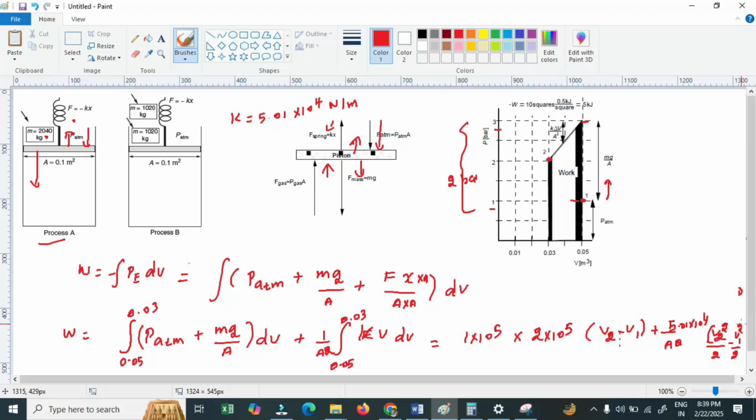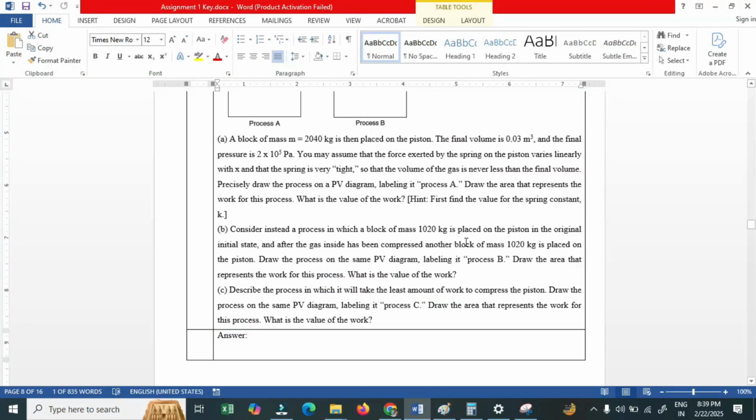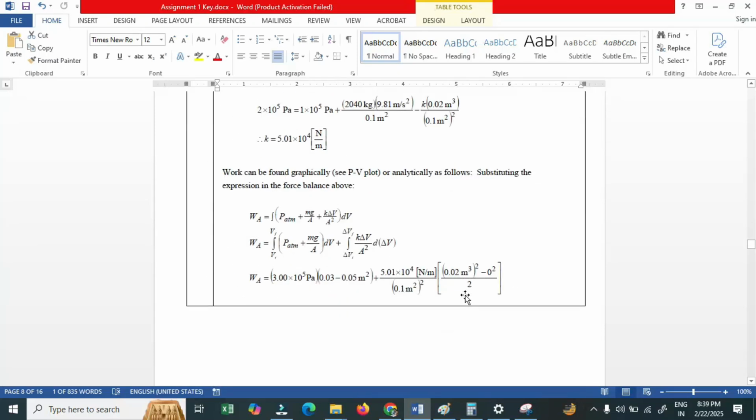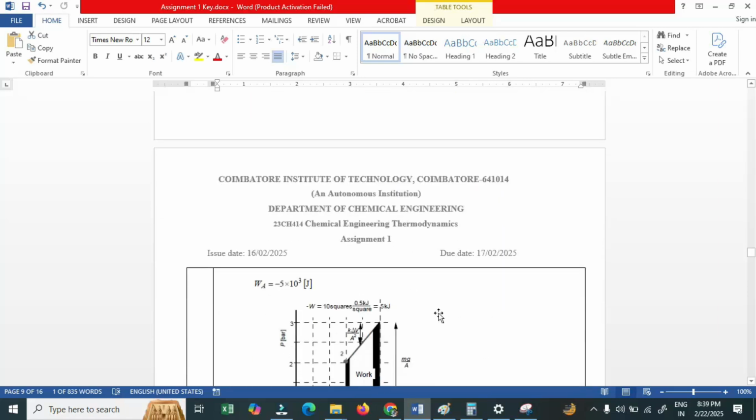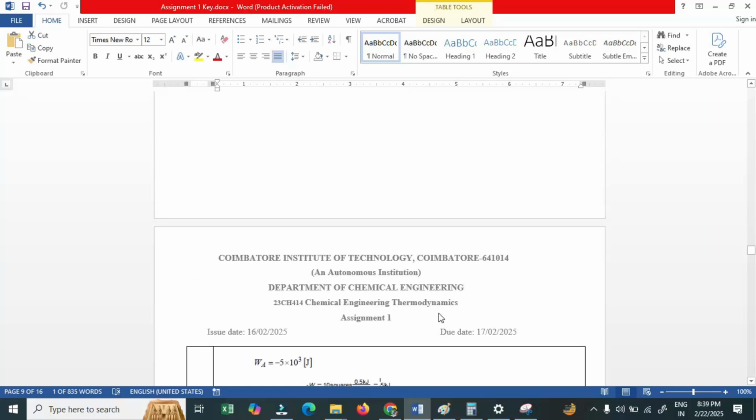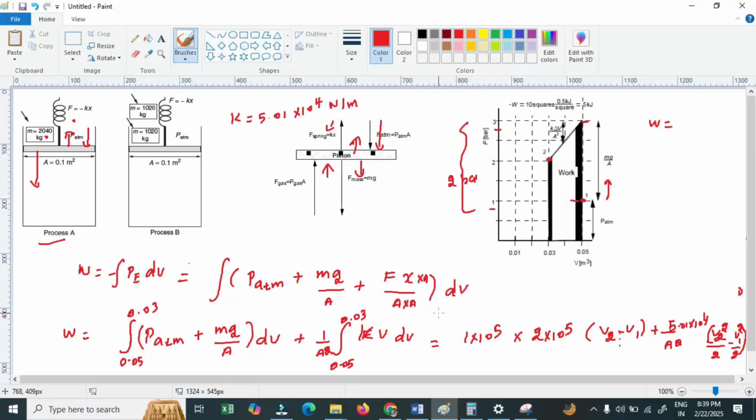And if you substitute the values of V2 and V1, you will get the work done W equal to 5 multiplied by 10 power 3 joule.